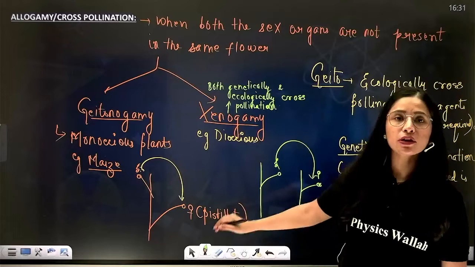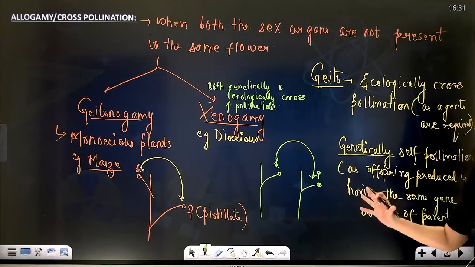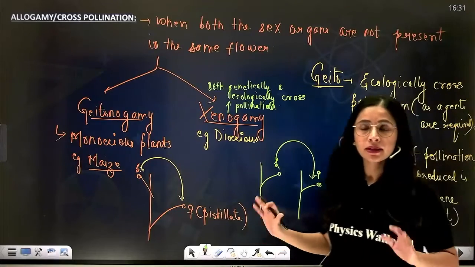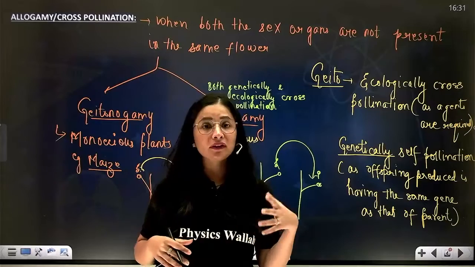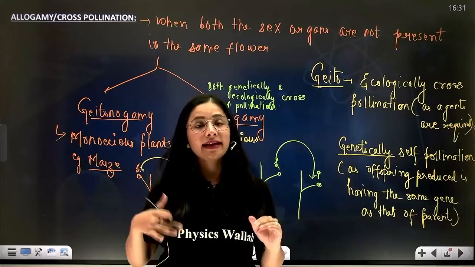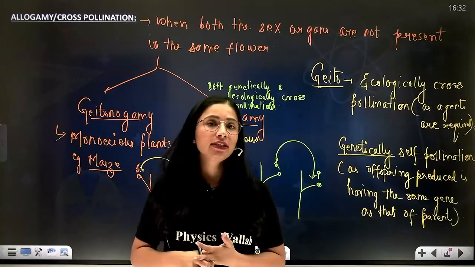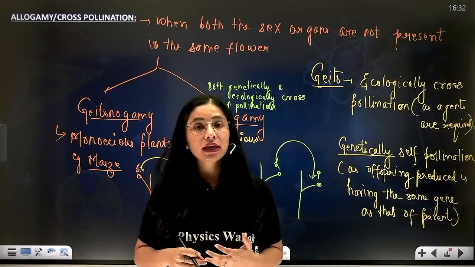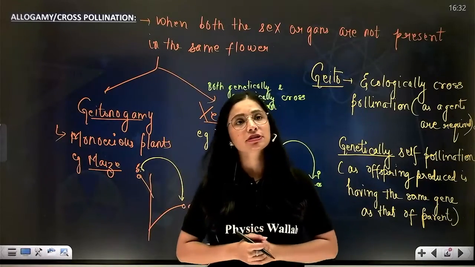The two types of cross-pollination, that is geitonogamy and xenogamy, and what is the concept behind them? Yes? Chalo. Very good. Now beta, there are some benefits of self-pollination and there are some benefits of cross-pollination. First, I am going to tell you that, and then we are going to study the devices that promote self and cross-pollination respectively.